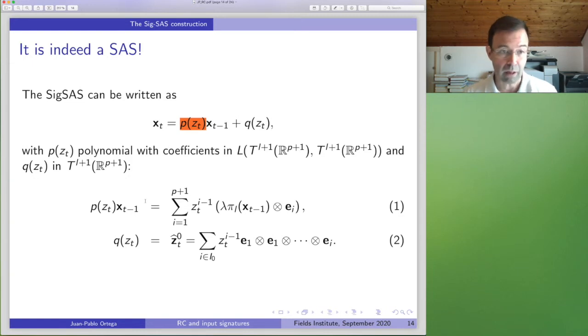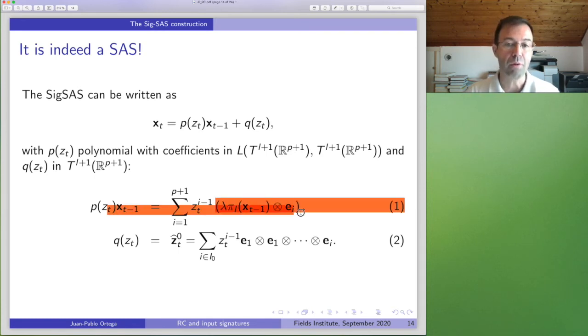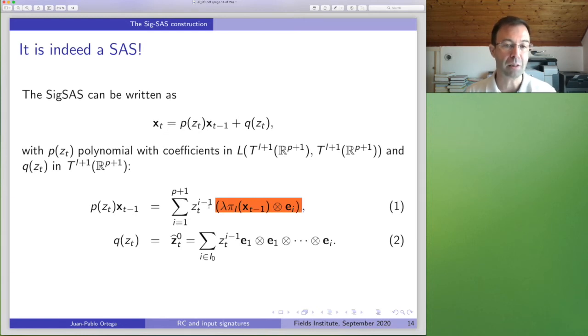So, well, this P(z_t), actually you can write down the previous equation like this using the basis e_i, the canonical basis, and then here you have the polynomial in C_t, and these are the matrix coefficients. So this is a linear map that is multiplying the i-th power of C_t, okay?